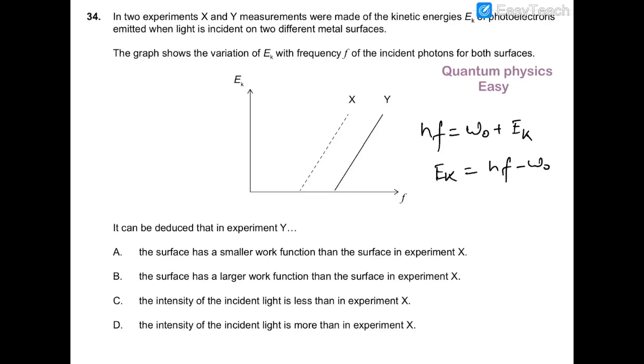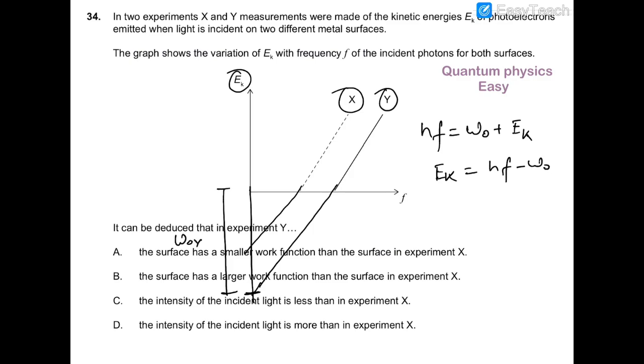Now we can also see that the y-intercept of this graph will be less than this graph. So the y-intercept is W naught. So the magnitude of W naught y is greater as compared to W naught x. So we can say that the Y surface has a large work function as compared to the X. So B option is correct.